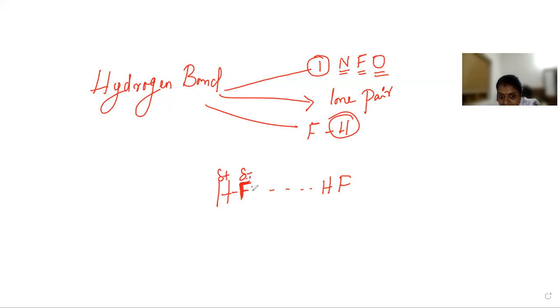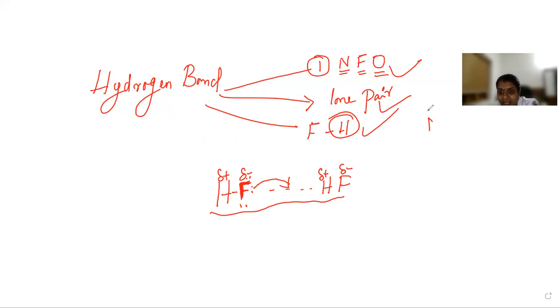Fluorine also has a lone pair of electrons, and it is highly electronegative, and this lone pair will be donated to the adjacent hydrogen atom, which is electron deficient. Understand? And that will result in the formation of a hydrogen bond. We already discussed this hydrogen bond in the previous chapter, so I'm not going into detail, just understand the conditions. And this is the strongest intermolecular force which exists.